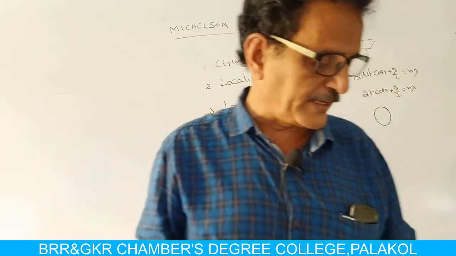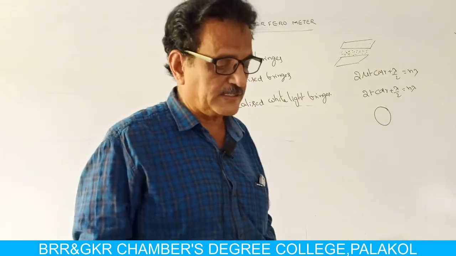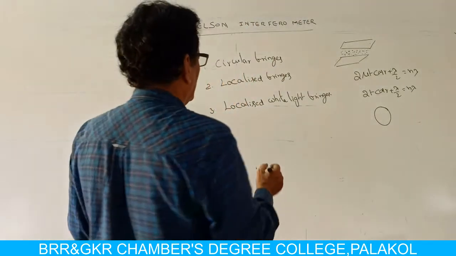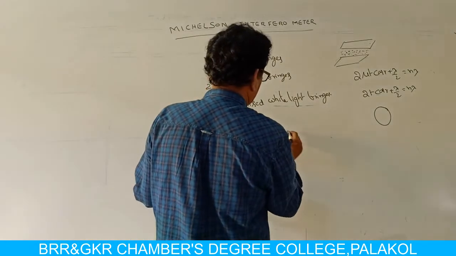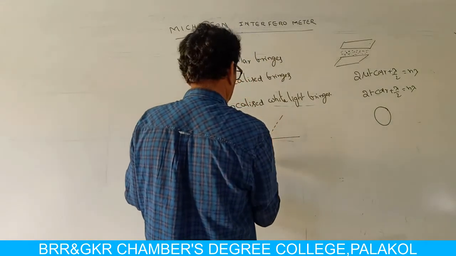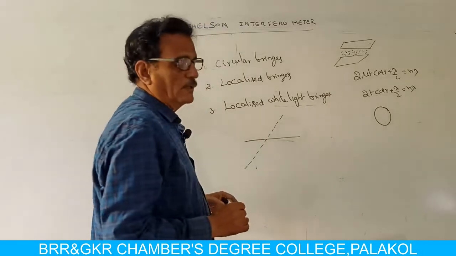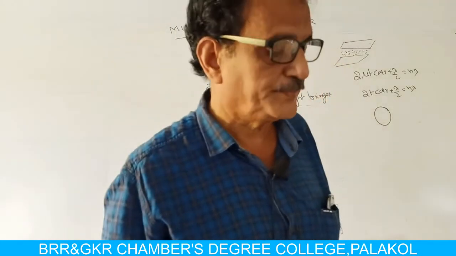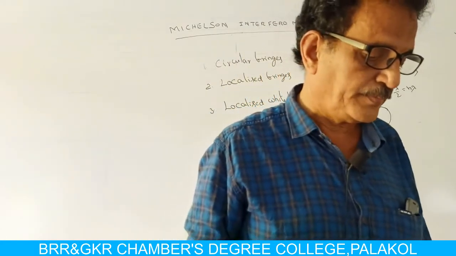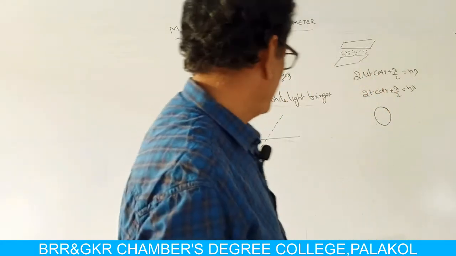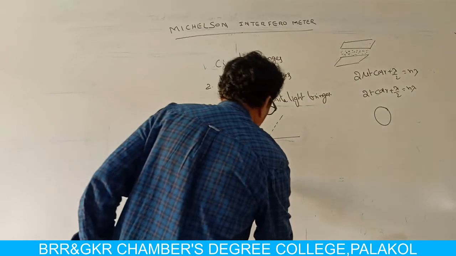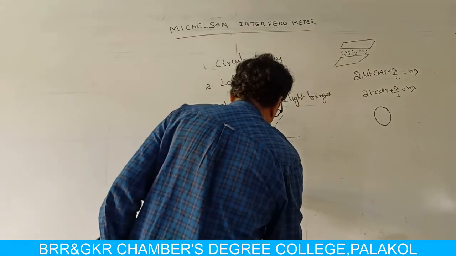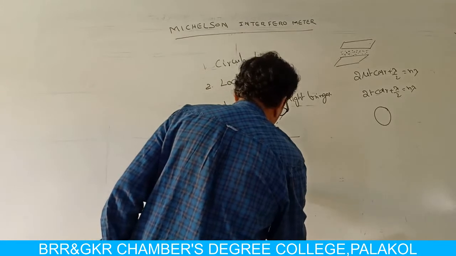In the other case, localized fringes. If the two mirrors cross each other, then the fringes are not circular, they are like straight lines.